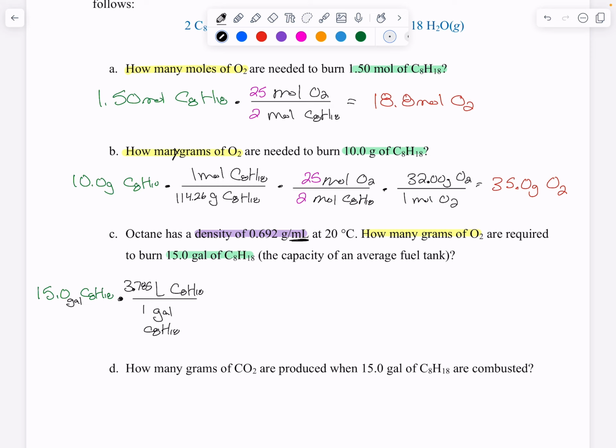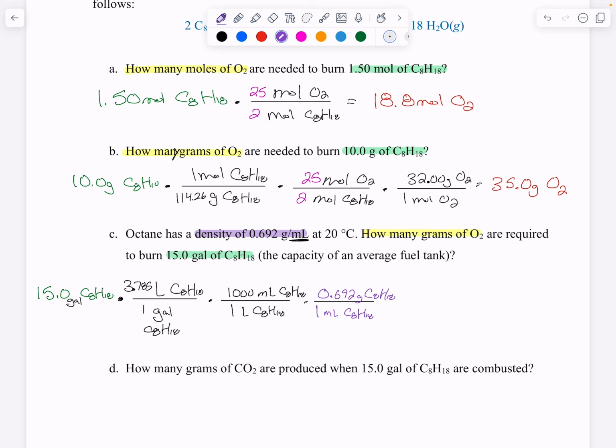That would be on your conversion sheet. You don't need to know that one by heart. And then 1 liter of C8H18 is 1,000 milliliters. And then we know that 1 milliliter of C8H18 is 0.692 grams of C8H18.